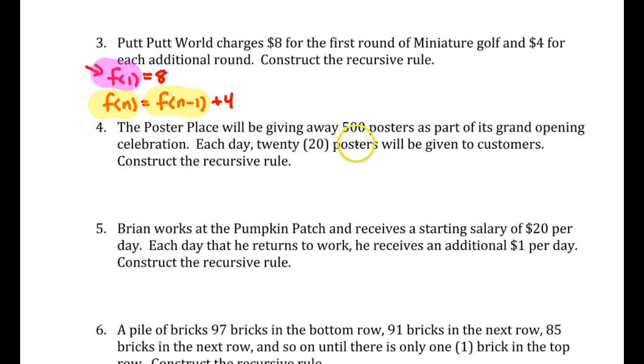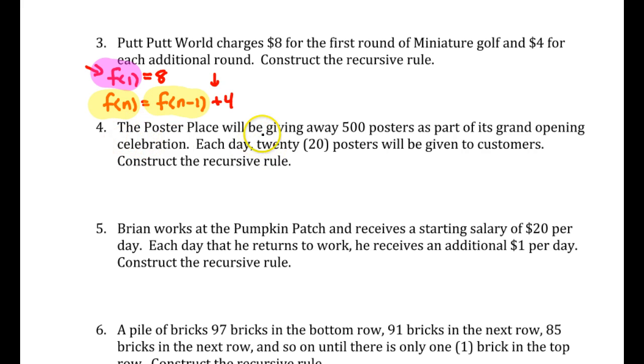So that means it's going to be going down. So the only variation between these is that this might be positive if the cost is going up, but something like number 4, this will be a negative number. It's going down by 20. So you'll have to read between the lines and infer, is this value getting bigger or getting smaller? And you'll know positive or negative.